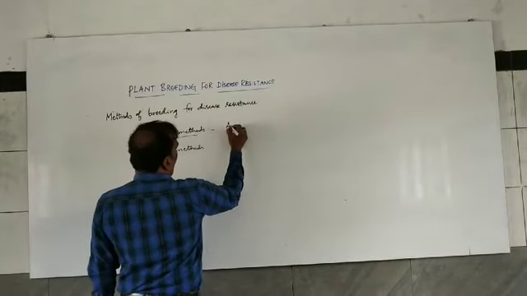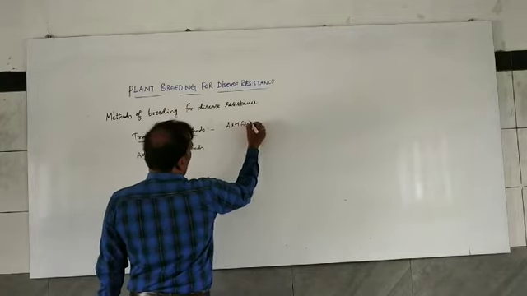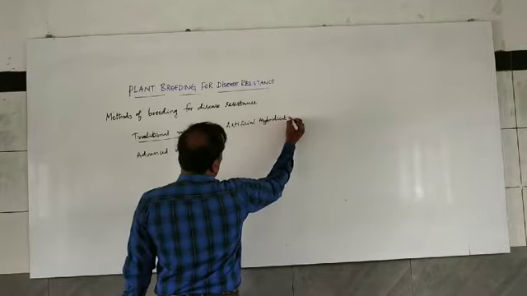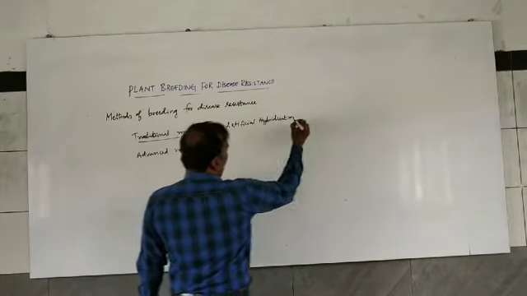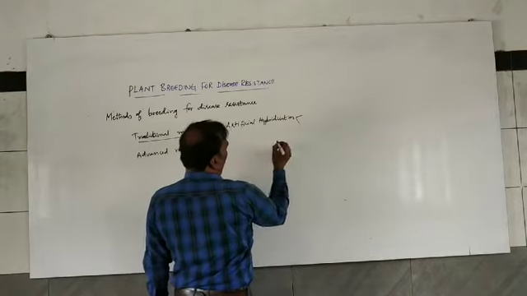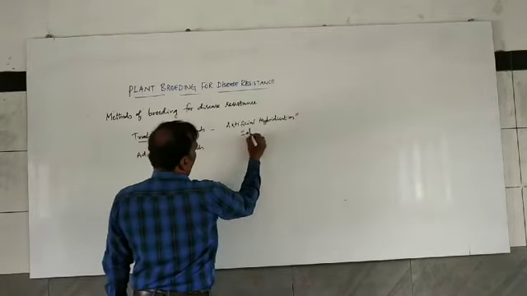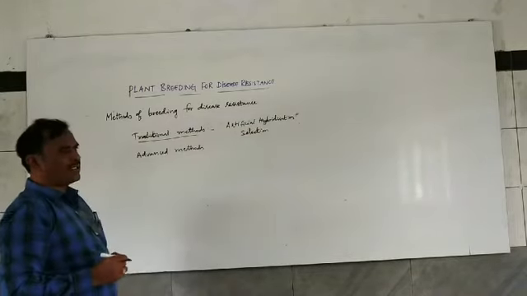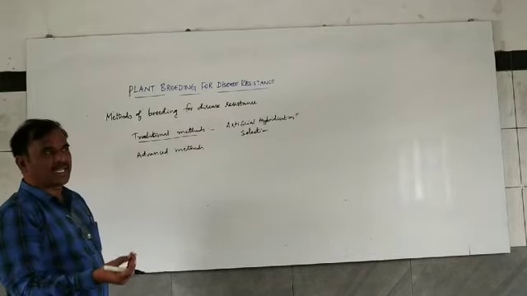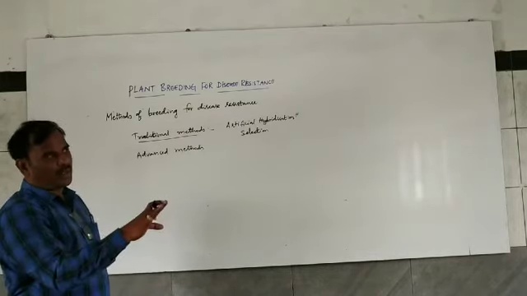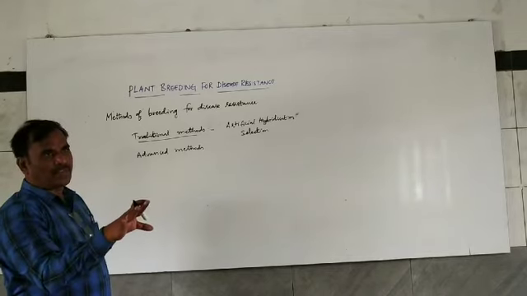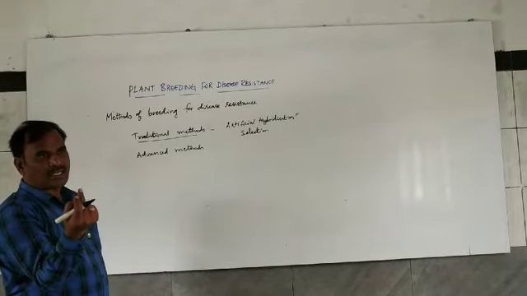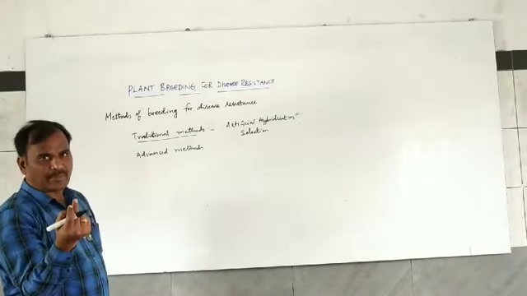The traditional methods are artificial hybridization and selection. Selection is that among the group of plants in the crop, in the field, we can select one variety which is able to resist the disease-causing microbes.